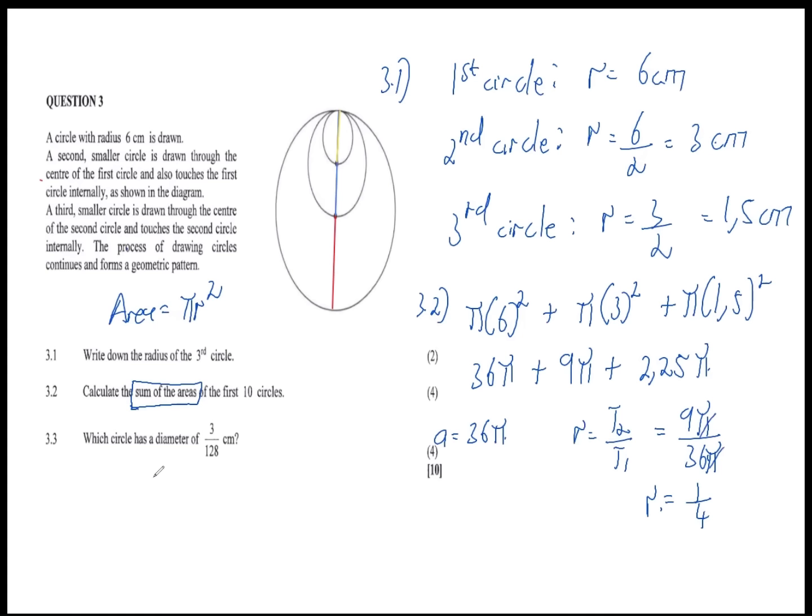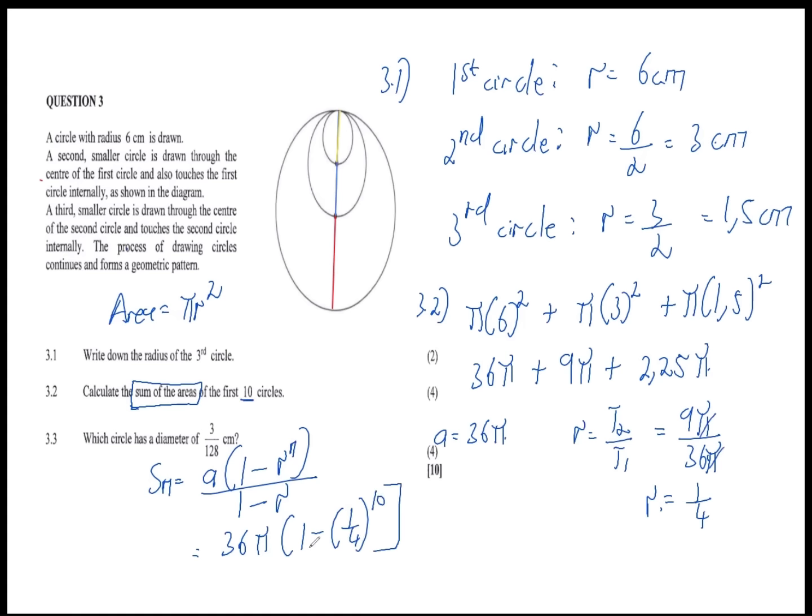Then to calculate the sum, we say Sn is equal to A times 1 minus r to the exponent of n, over 1 minus r. Our a value is 36 pi, and r is 1 over 4. They said how many cycles? 10 cycles, so we put 10 here, all over 1 minus 1 over 4.